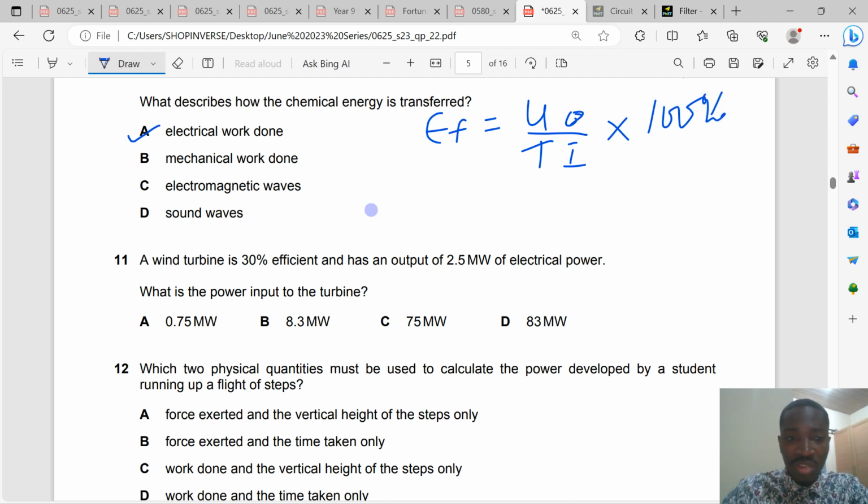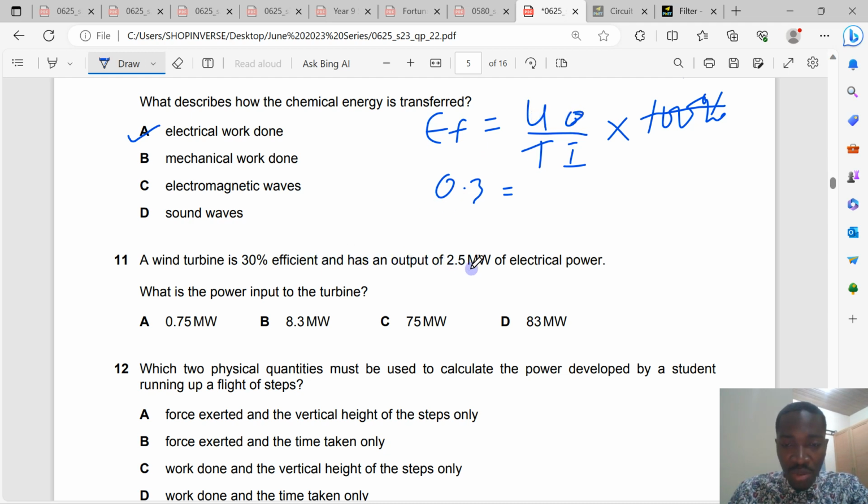Now, if the efficiency is 30%, eliminating the percentage, we can express the efficiency in decimal form. Just divide 30% by 100, you get 0.3. So efficiency is 0.3.